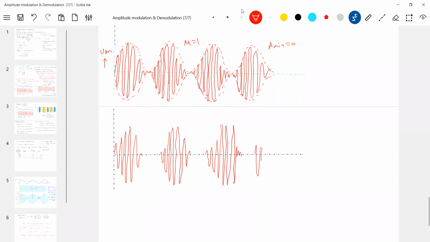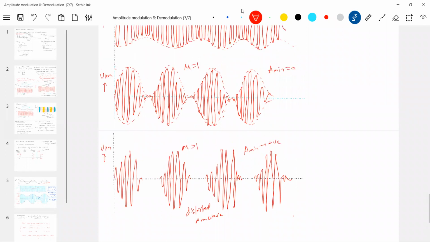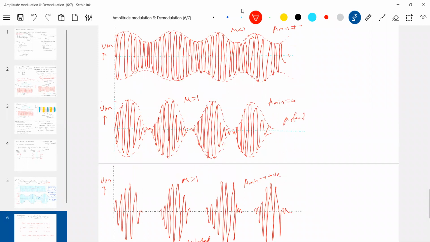Where A minimum is negative, mu will be greater than 1. So there's a distortion. This is a distorted AM wave. So what about the earlier one? Perfectly modulated, no information lost.